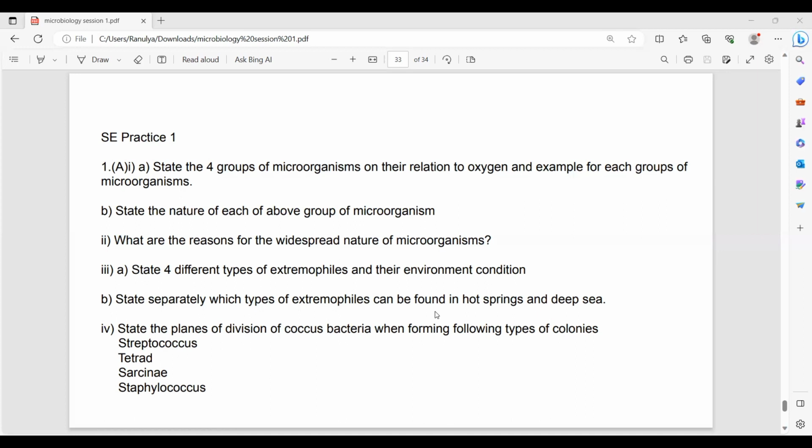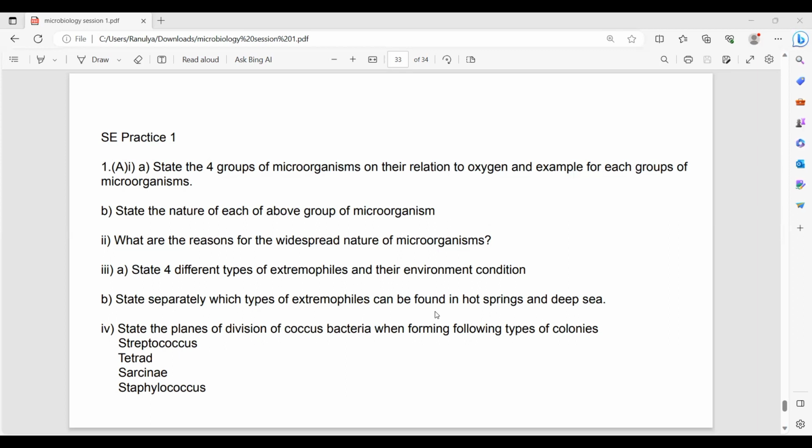Hot springs, they are at high temperature as well as at the same time they are acidic or alkaline. So thermophiles, acidophiles and alkaliphiles can survive there. Deep sea again, temperature is very low, pressure is high. So psychrophiles and barophiles can exist there.